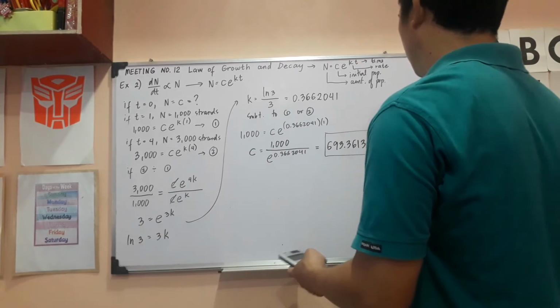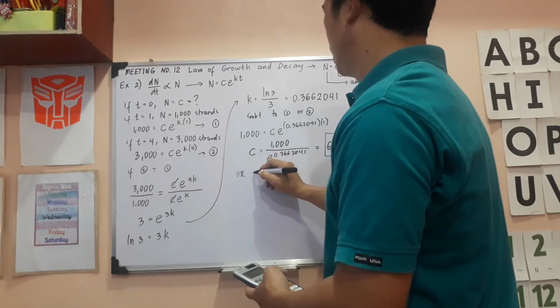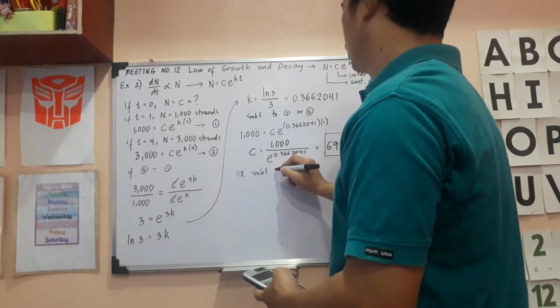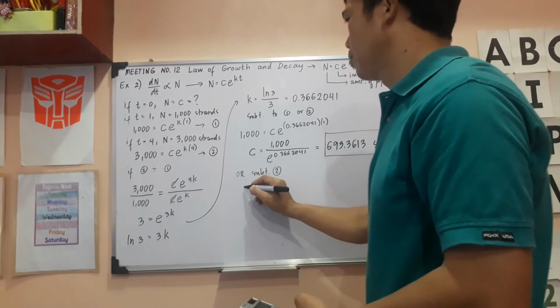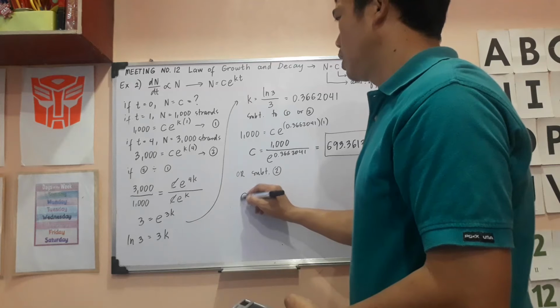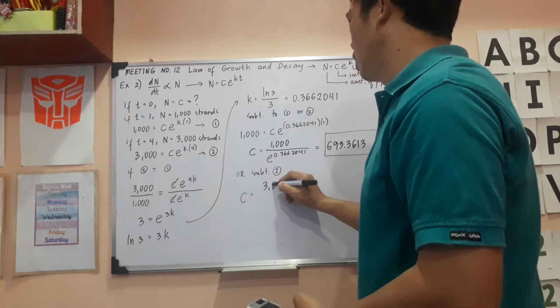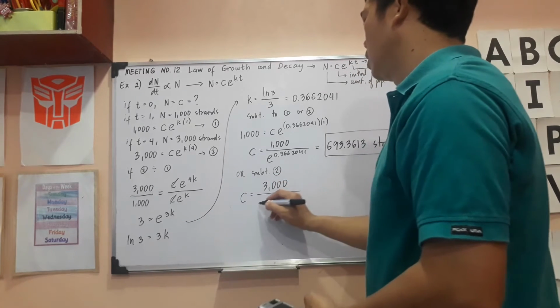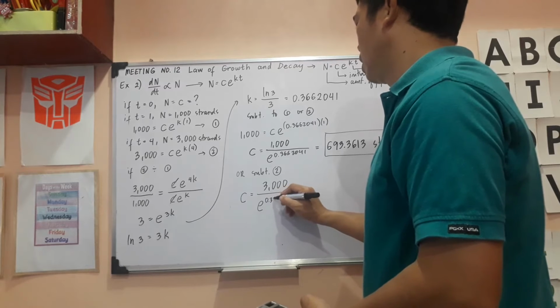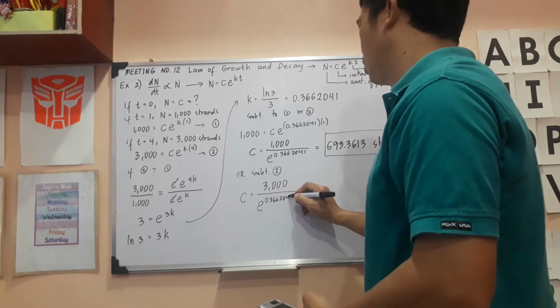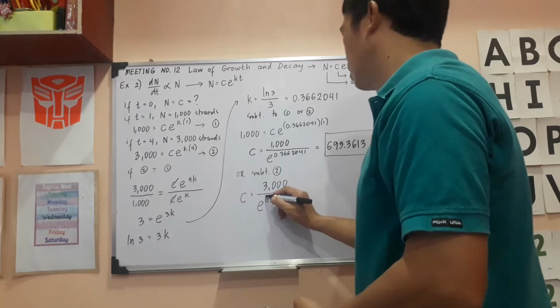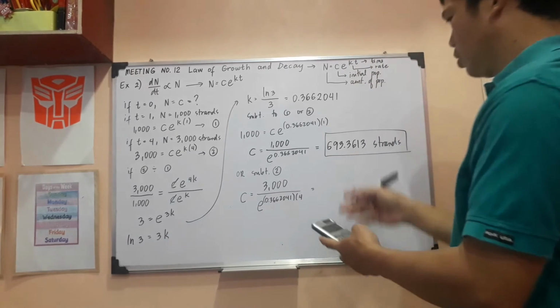Okay? Or, let's say, sa equation 2 natin sinubstitute. Ano ba yung 2? So, C is equal to 3,000 all over e raised to 0.3662041 times 4. So, definitely, this is also equal.